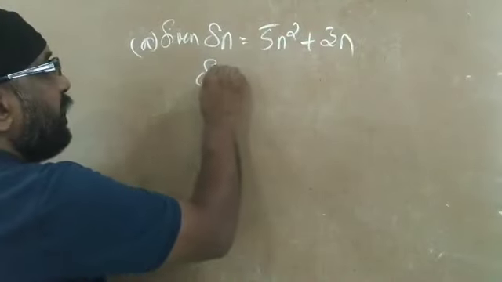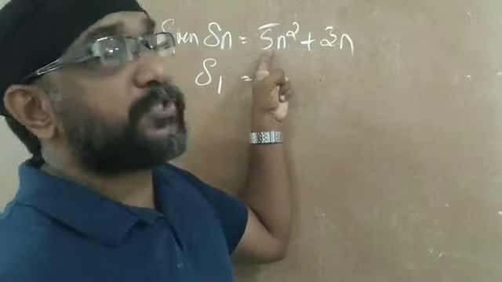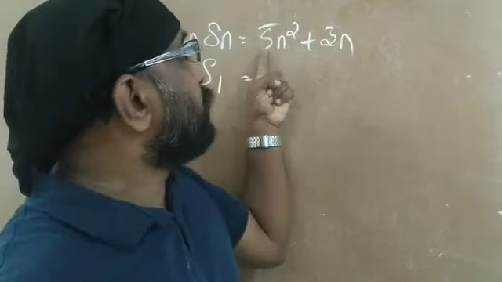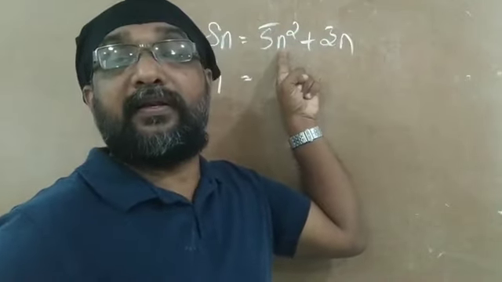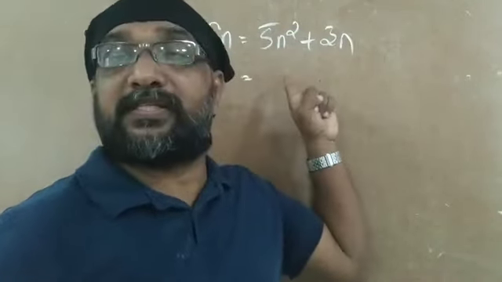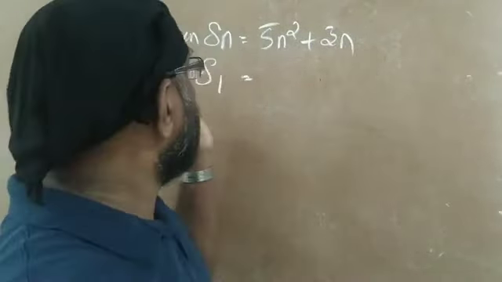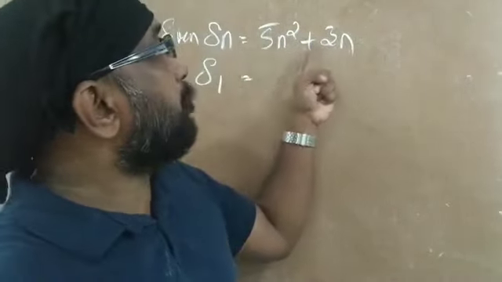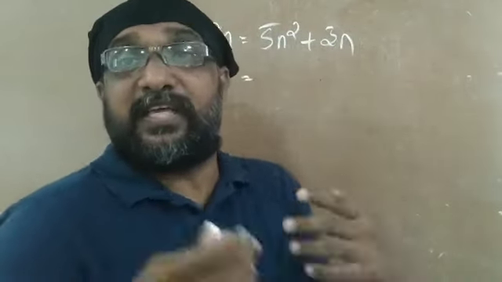So if you find S1, instead of substituting 1 for n, you just need to add 5 and 3. Because if you give 1 for n, 1 squared is 1 itself, and 3 into 1 is 3 itself. So S1 is equal to the sum of the coefficients, 5 and 3. You can save time.